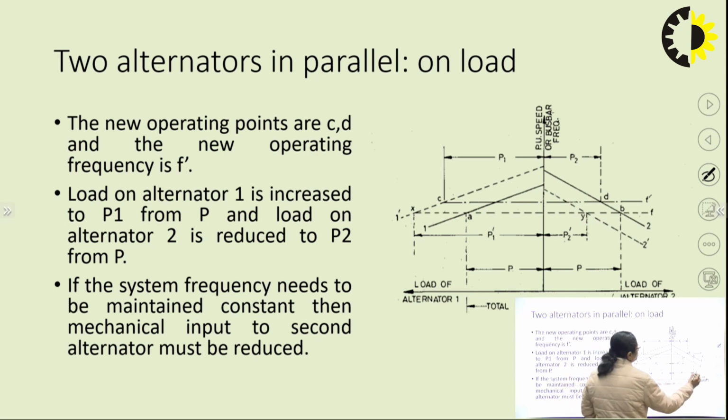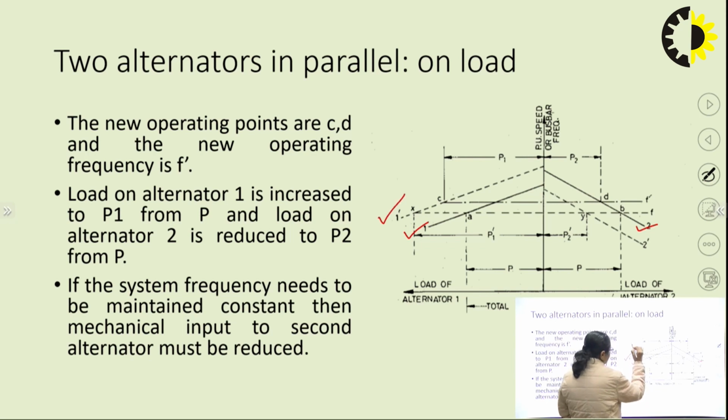Curve 2 will remain as it is. Curve 1 got shifted because we have increased the mechanical loading on the prime mover of alternator 1. This caused an increment in the speed of alternator 1. It caused the shift of the speed load characteristic of the prime mover in the upward direction, and the new characteristic is represented by line 1 dash.